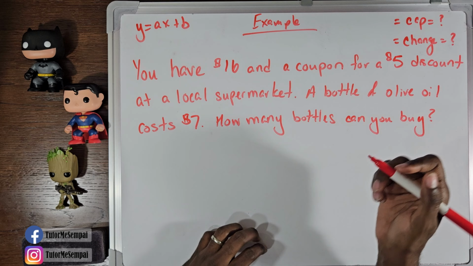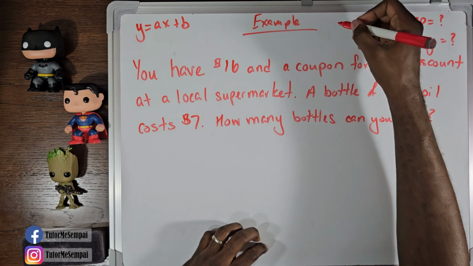The second thing is find your cap. Your cap is going to be in here somewhere, what I call your cap, and you need to be able to extract it. The third thing and the last thing is find your change. That's also going to be within this word problem that you're going to need to extract. Now, you might be asking, what is the cap and what's the change?